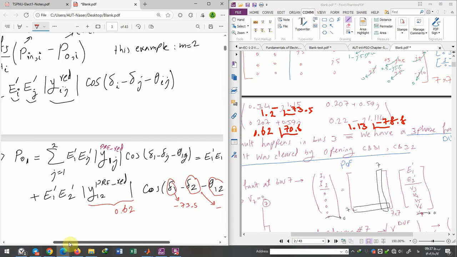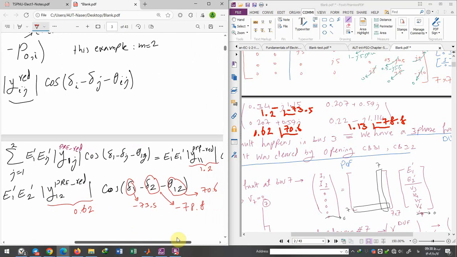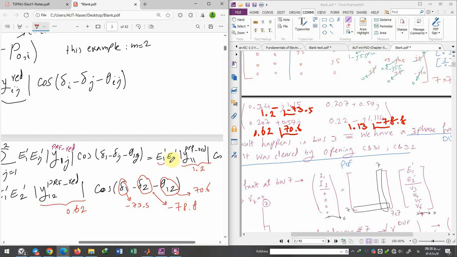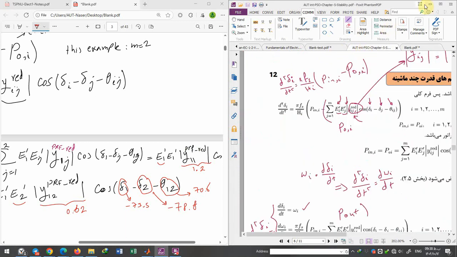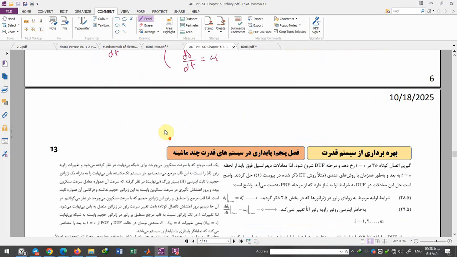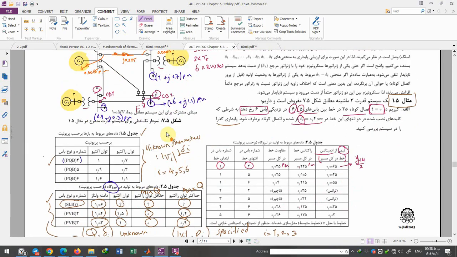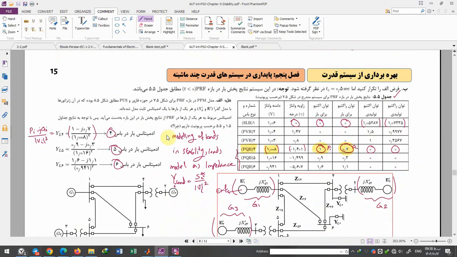And after that, for finding P output in generator 1, we have to calculate E1 prime and E2 prime. E1 prime and E2 prime remained, and we have to calculate them. In our course, for finding E1, please refer to the examples we described in the main course.